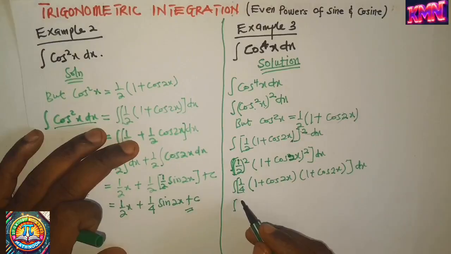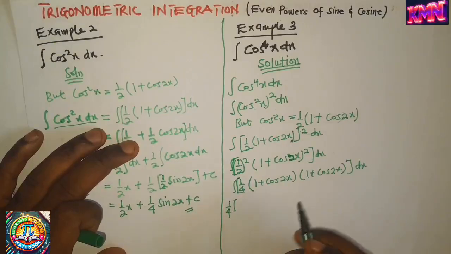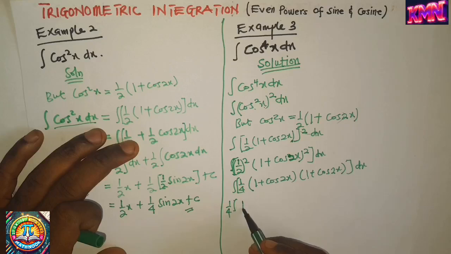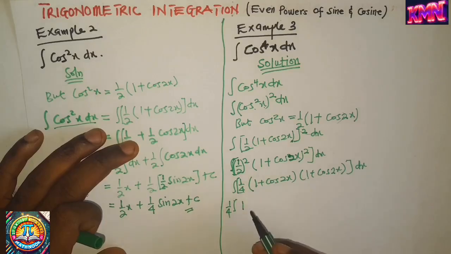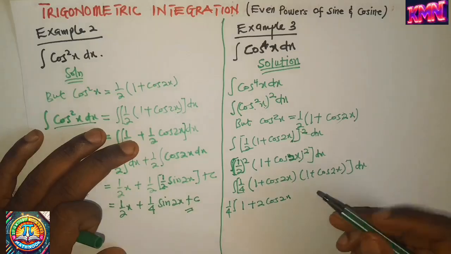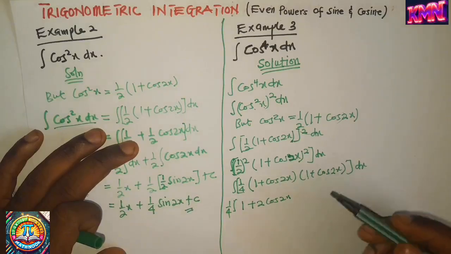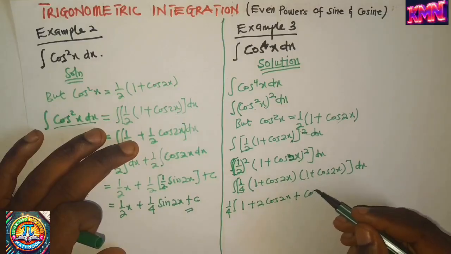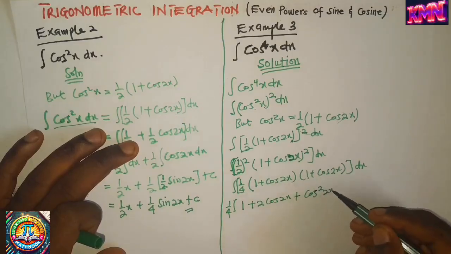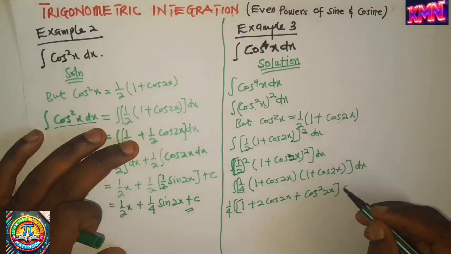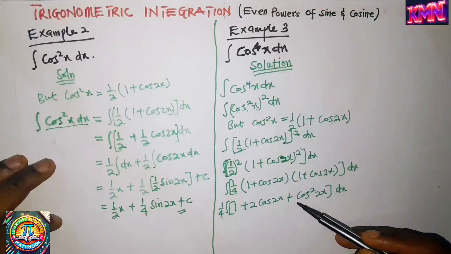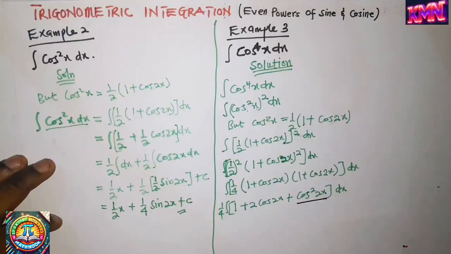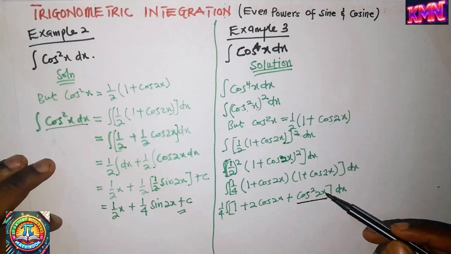Further simplifying, we have 1 on 4 integral of 1, and the same thing by cos 2x, twice of that, plus 2 cos 2x, then cos 2x by cos 2x will give us cos squared 2x dx. But as you can see, we also need to find the half angle for cosine squared 2x.